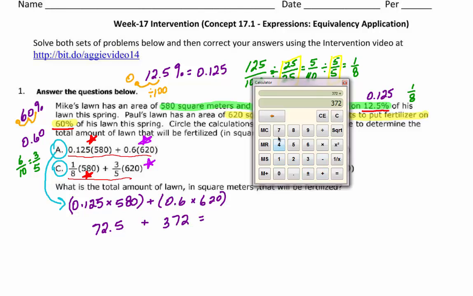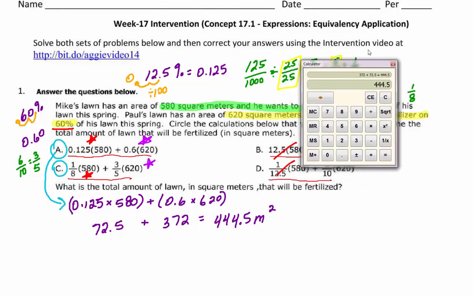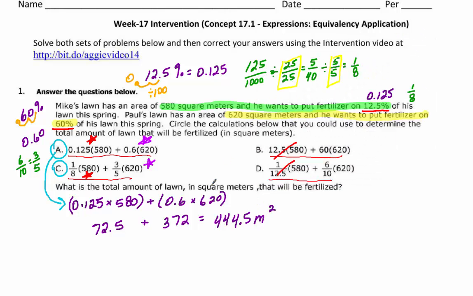Add that to the 72.5, and we get 444.5 square meters that they're going to have to fertilize. So here is our final answer.